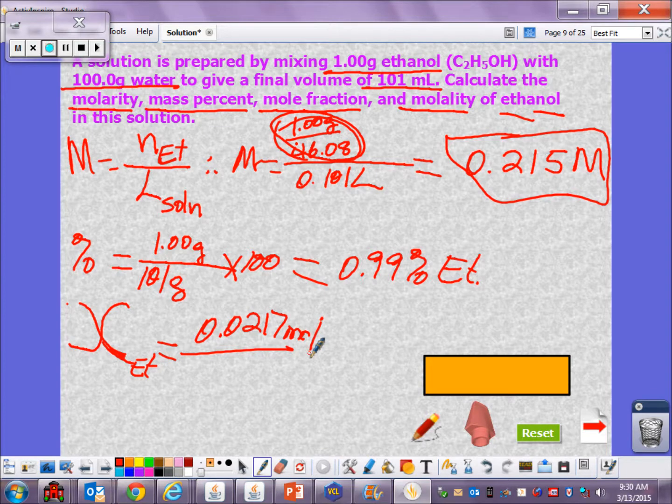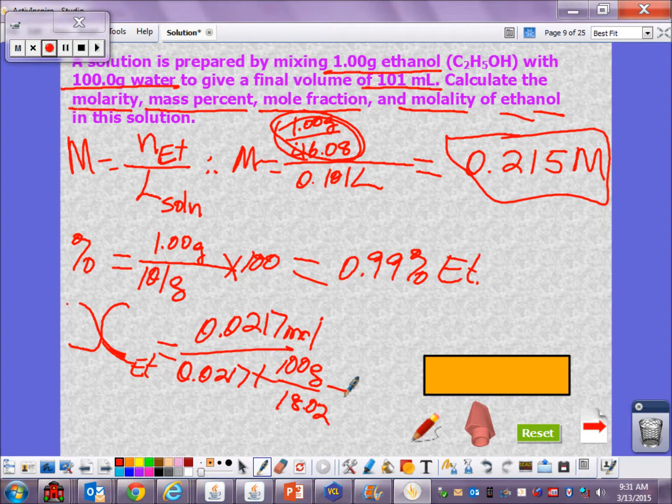Students usually forget to bring those moles down here. They just put the moles of the other one and forget to repeat this here. 0.0217 plus the moles of the water, which is 100 grams divided by 18.02.